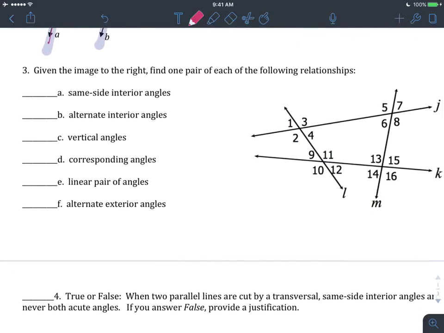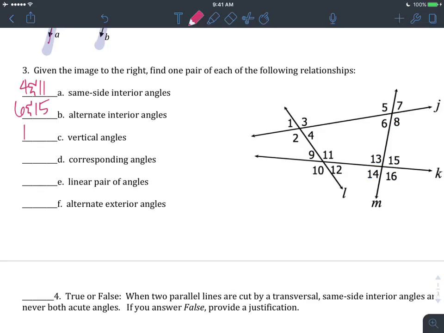All right, on number 3, we're going to have plenty of options. Even though the lines aren't parallel, these are going to have the same angle relationships. So I'm just going to do one example of each. Same side interior, you could do 4 and 11. Alternate interior, 6 and 15.